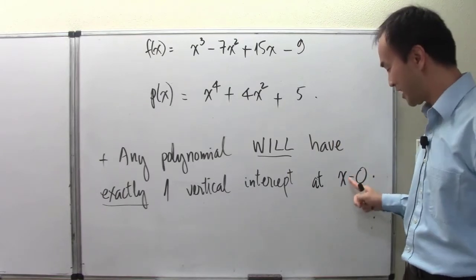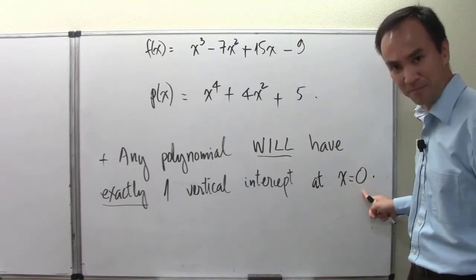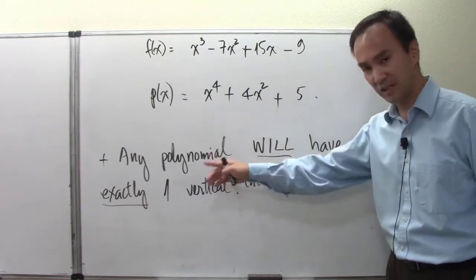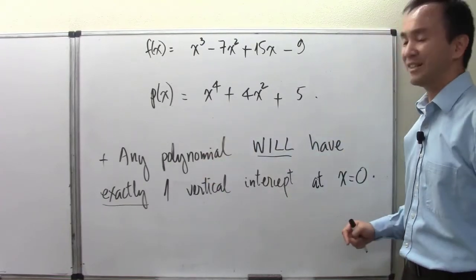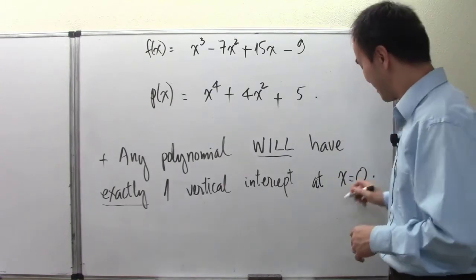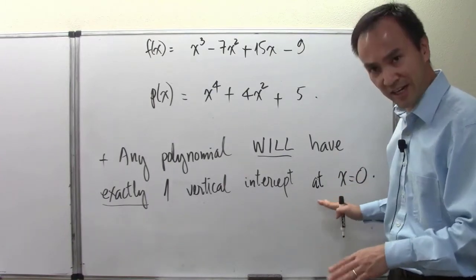So anytime we let x equals 0, whatever y value comes out is going to be the vertical intercept. All right, and so in that way, we will apply this understanding into doing some more examples.